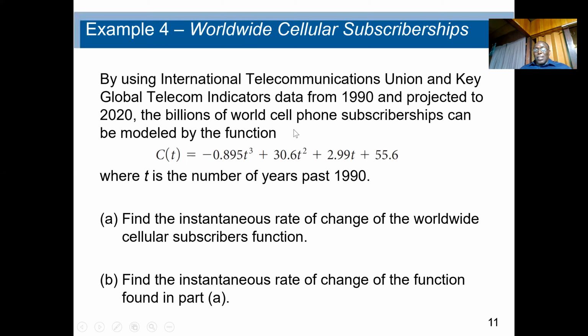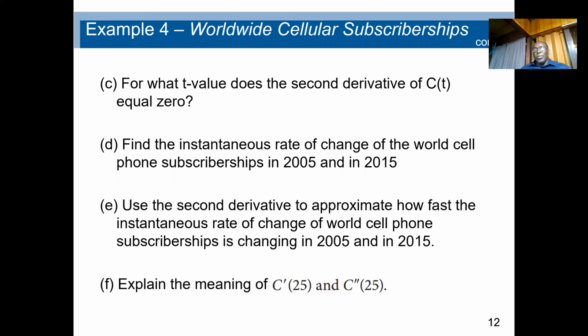Now the question says, find the instantaneous rate of change of the worldwide cellular subscribers. So here we're just going to look for the function, which means we have to find the derivative. Then find the instantaneous rate of change of the function found in part 1. Then for what t value does the second derivative of c at t equal 0?